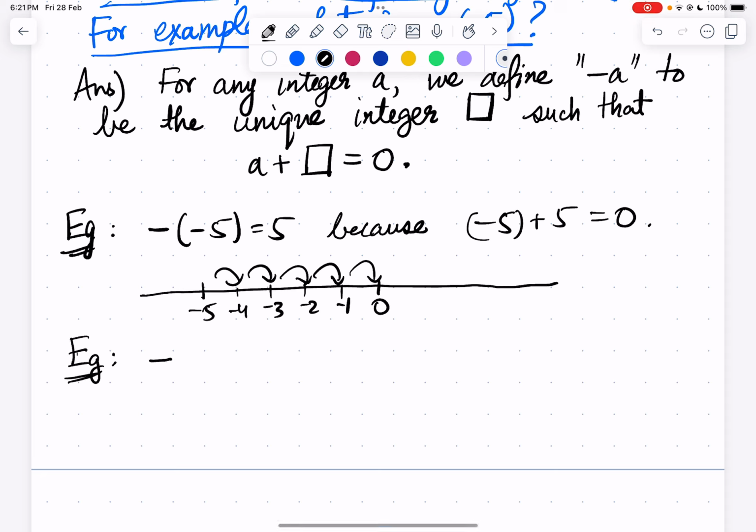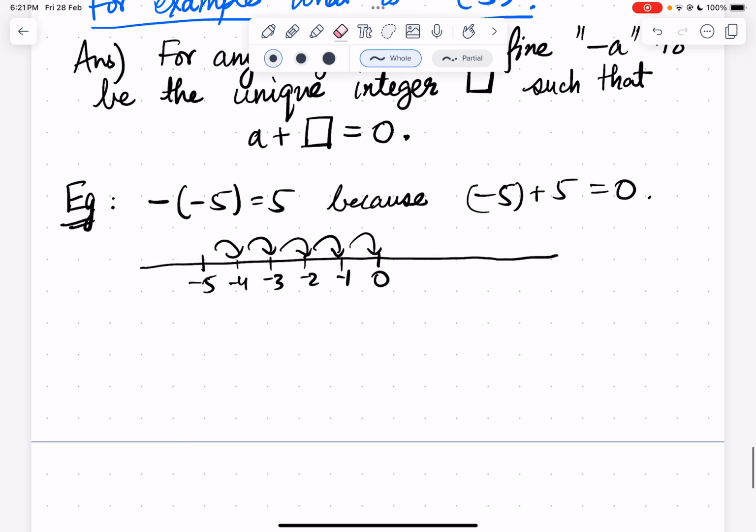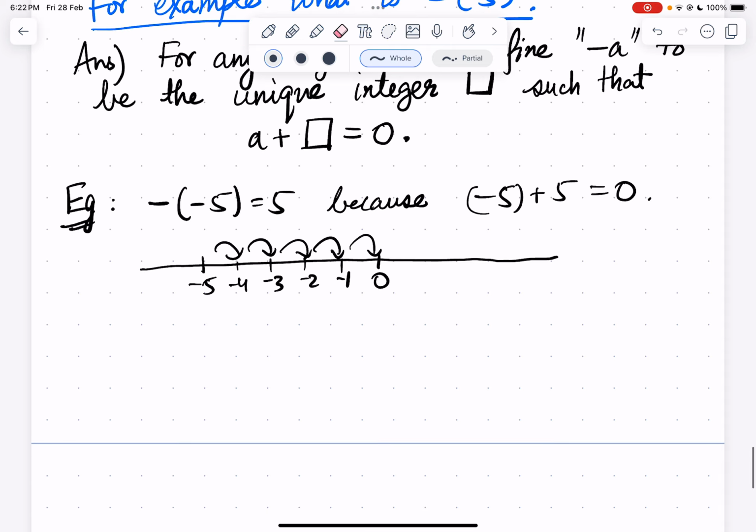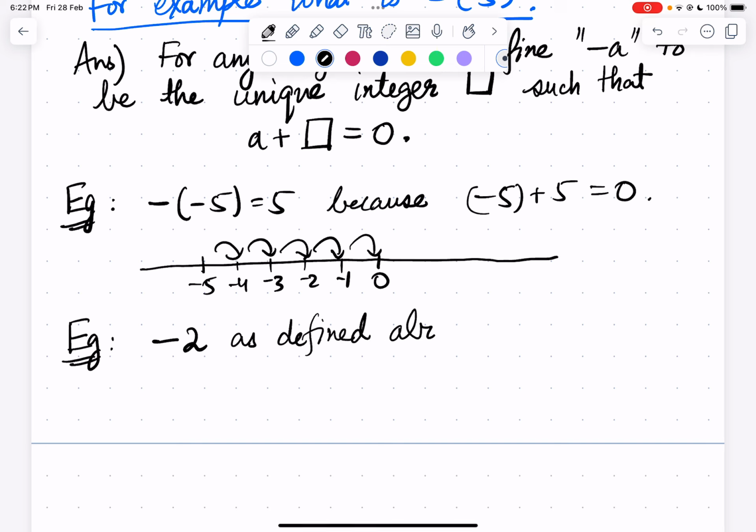Minus of 2 as defined above agrees with the usual definition of minus 2.